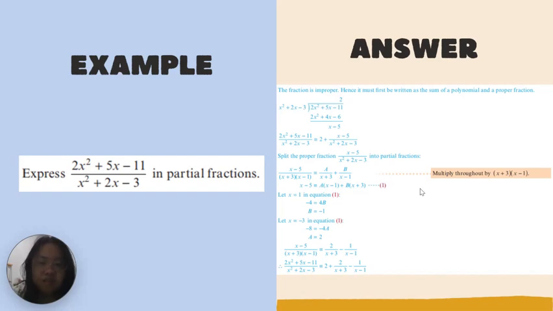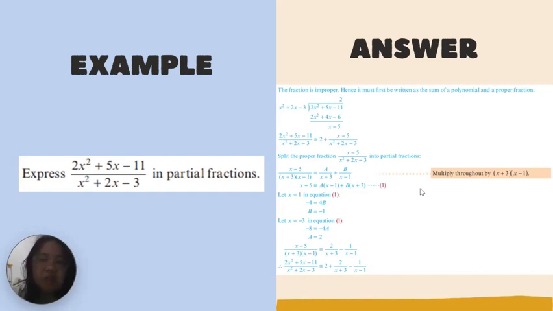Then, as you can see, in the denominator is x squared plus 2x minus 3. What we do now is find the case that uses this denominator, which means we need to factorize it first. When we factorize, we get x plus 3 and x minus 1.